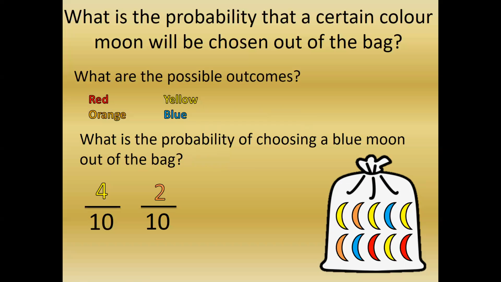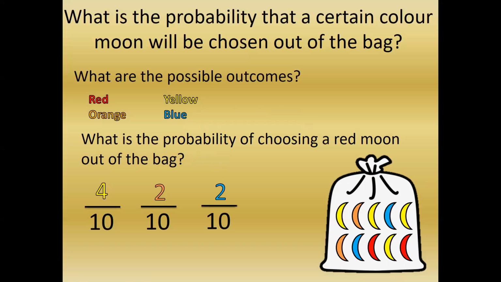Next we're going to look at the probability of choosing a blue moon out of the bag. Again, we start the same way. Our denominator will be 10 because there are 10 moons. And how many moons are blue? 2. So 2 over 10 is the probability of choosing a blue moon out of the bag.